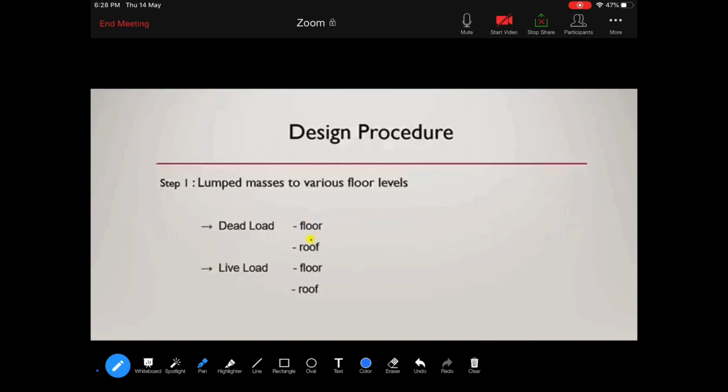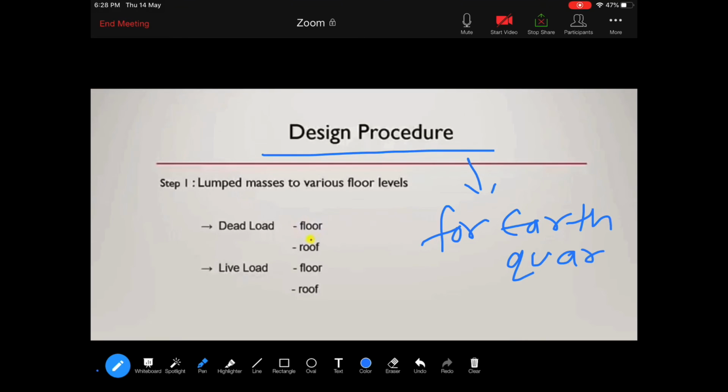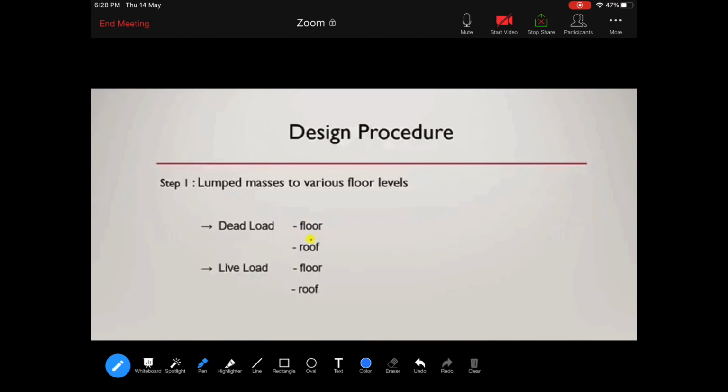Next one is design procedure. This is important for solving the questions and also considering the design, how to design an earthquake resistant structure. Step first is dead load.